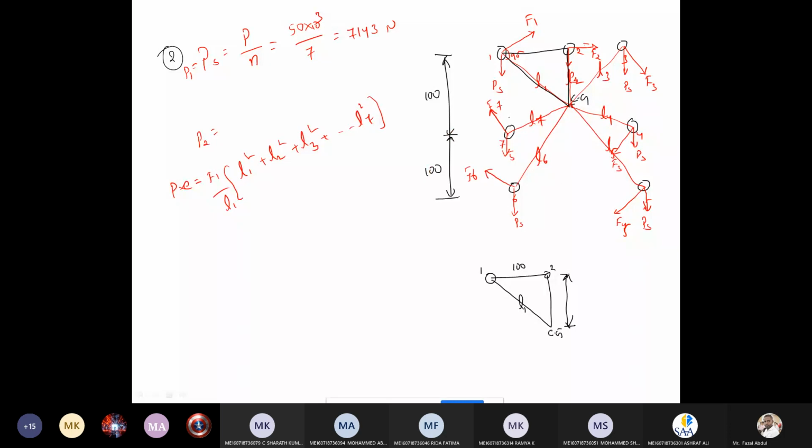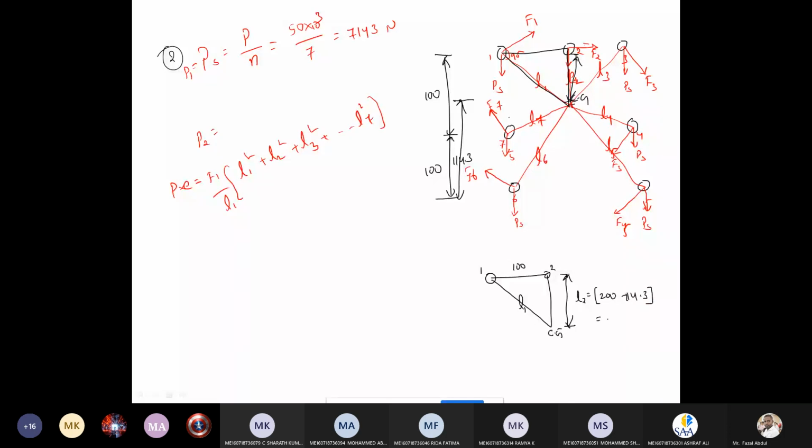Now the center of gravity for the system, just now we calculated this one, 114.3. Now what is this distance? The distance is, if we subtract, 200 minus 114.3.